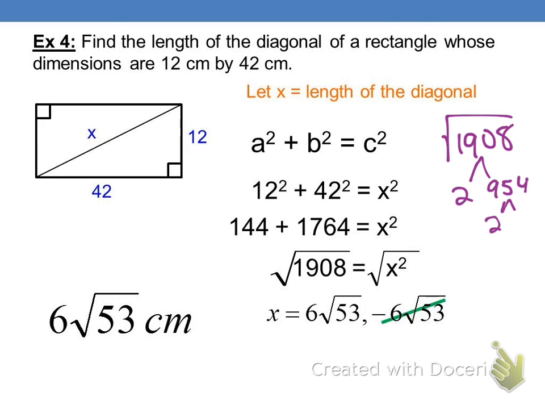And then 2 again. And then 3. And then 3 again. And then that's it. Okay, so 3 and 3, 2 and 2, 2 times 3, that's where the 6 came from.